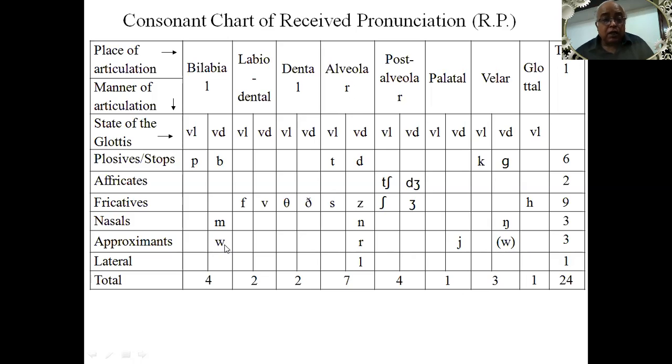Only thing, apart from being a voiced bilabial approximant, it also has a quality of velar. That means the back of the tongue touches the soft palate or the velum. So while producing this sound, this also comes in. So this is not a separate sound. So there are three approximants: wo, ra, ya.